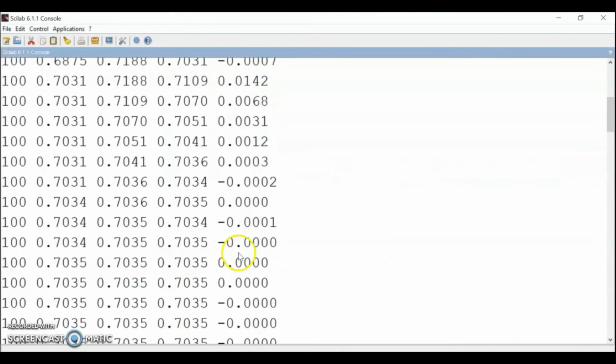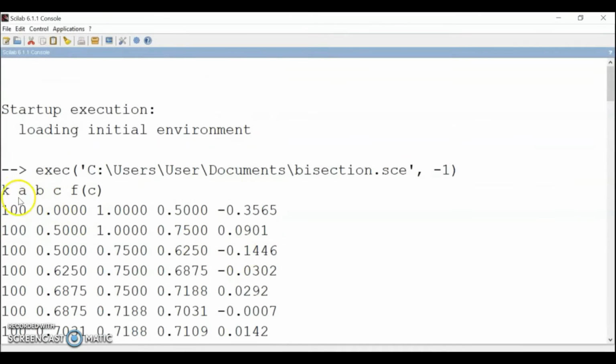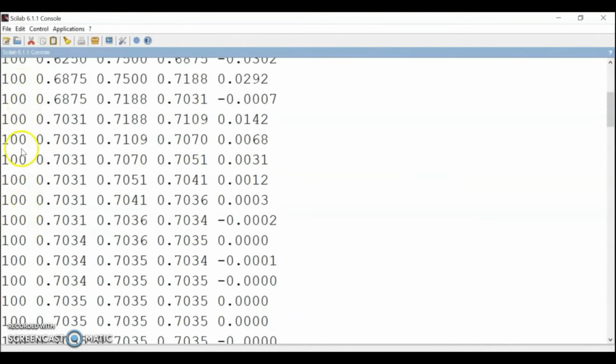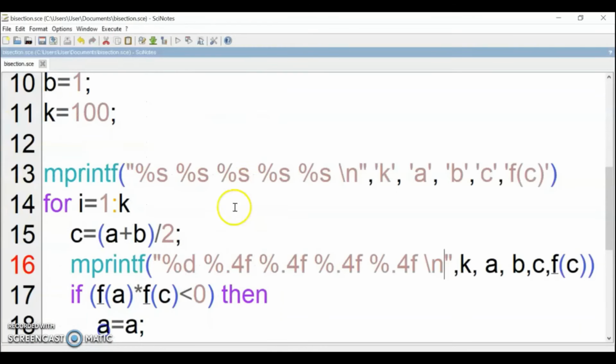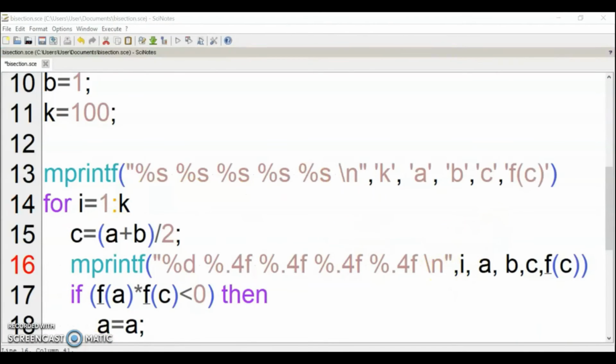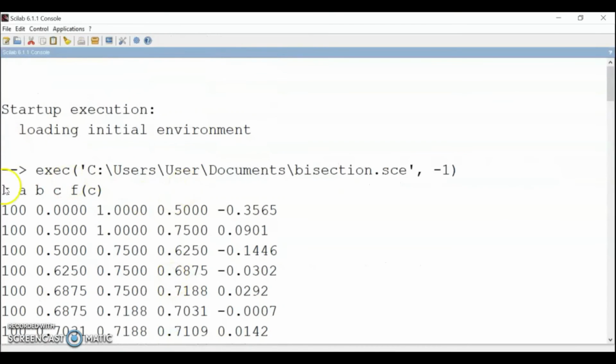So this is what I have. K. Oh, this is weird. K is under. So I've got to change this value here: I equals 1 to K. Obviously I need I, not K. Okay, I can fix that. And also one thing I can realize is that they are too close to one another. See the characters here?